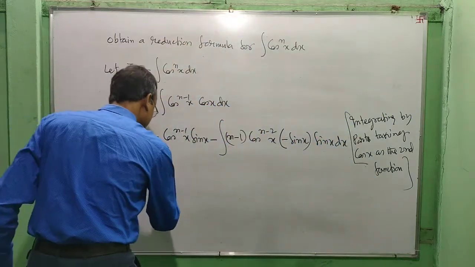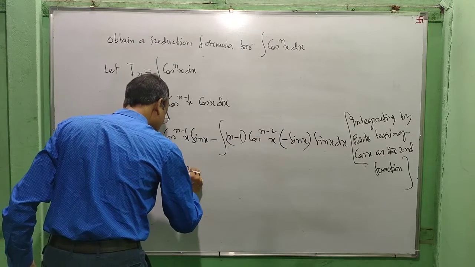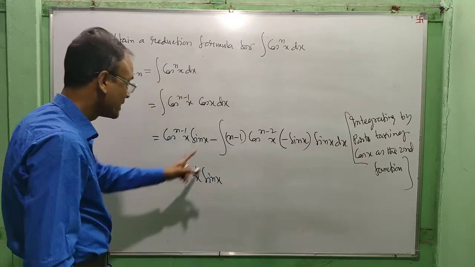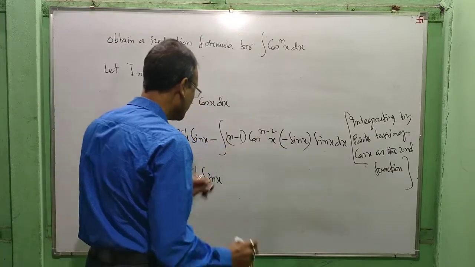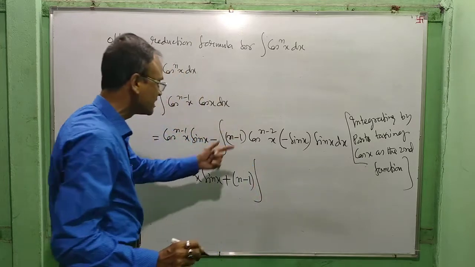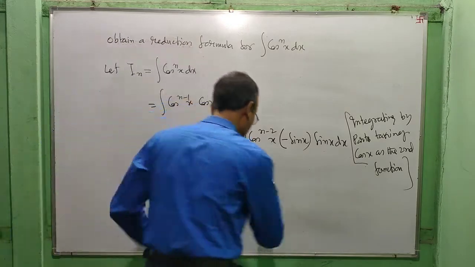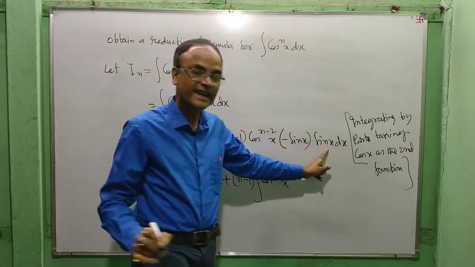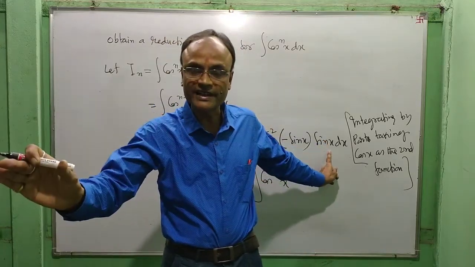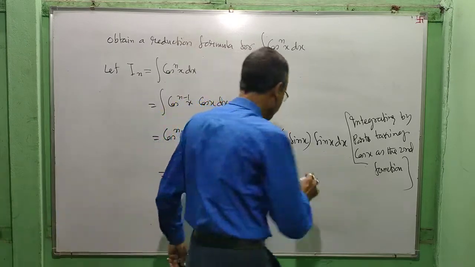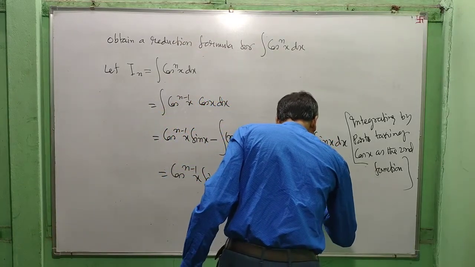Now, this is equal to cos to the power n minus 1x into sin x, minus, it will be plus, n minus 1, which can be taken outside the sign of integration, cos to the power n minus 2x, sin x into sin x will be equal to sin square x, which can be written as 1 minus cos square x.